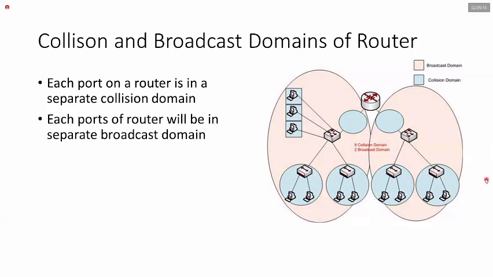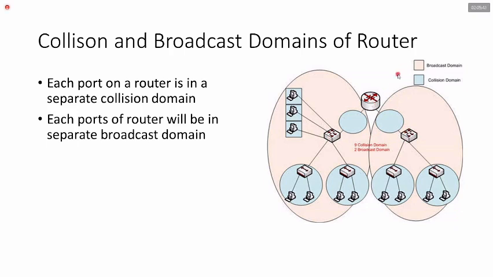I don't expect you to know the symbols, but when you see these pictures, most of the time you will be able to figure it out. Usually routers are shown like this, switches like this, and these are hubs. There are two hubs connected to one switch, and some computers directly connected to the switch. Then another two hubs are connected to one switch, and these two switches are connected to the router.